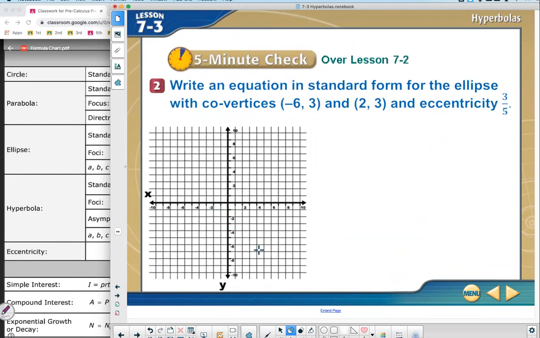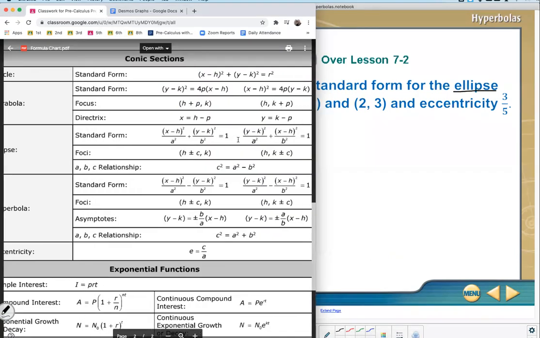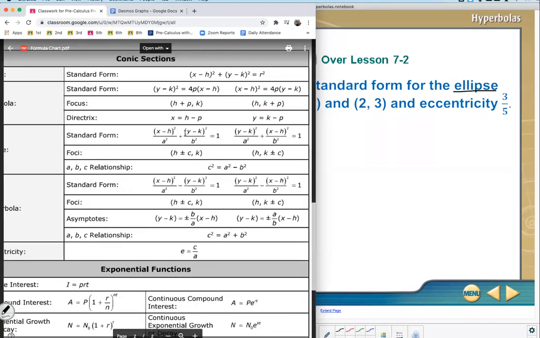All right, number 2, it says, again, write an equation. And so we will go to the formula chart and figure out the basic parts of the formula, but we need to get the ellipse. So when I go to ellipse, I'm going to copy off what I see is in common between the two formulas, both vertical and horizontal.